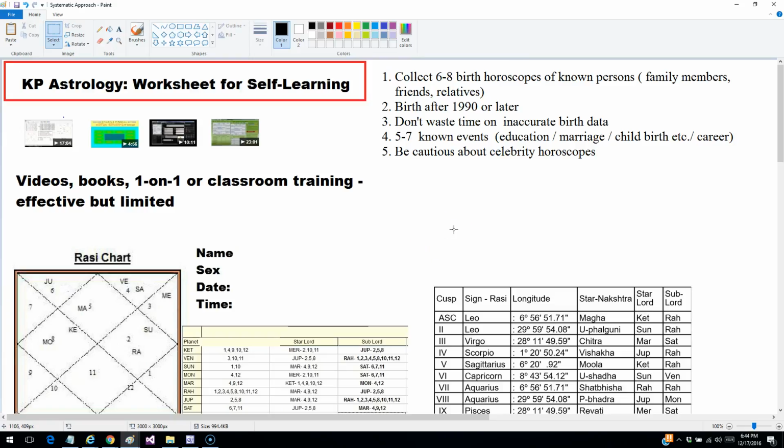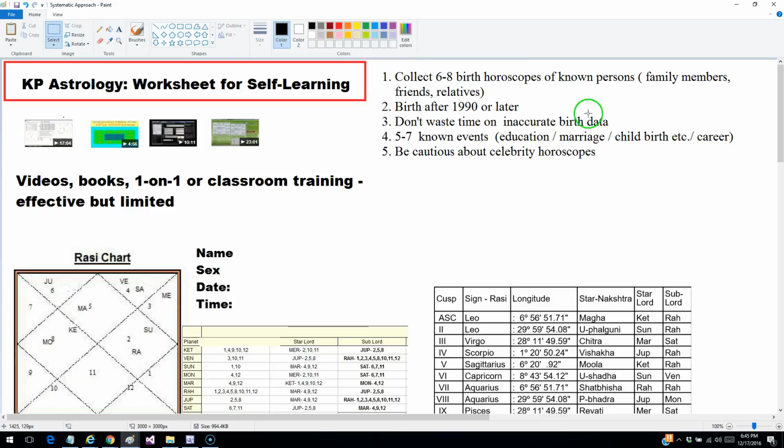KP has some method about fixing the time of birth based on ruling planet and all that, but at this point I would say don't waste time on inaccurate birth data, and don't waste much time on trying to fix the ascendant or the birth time of a horoscope.